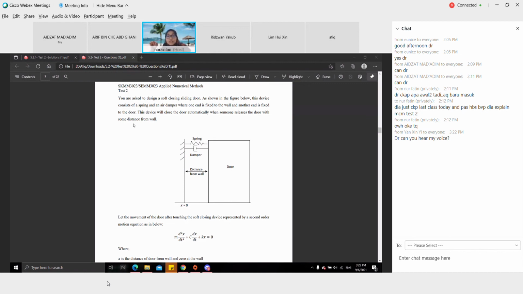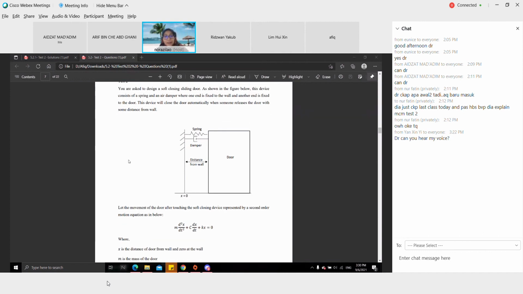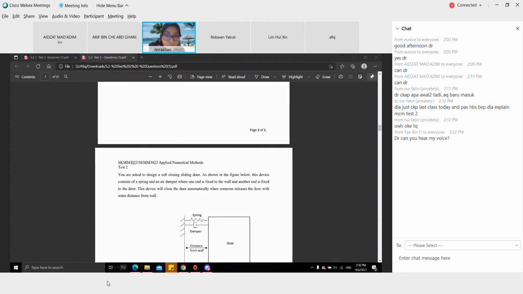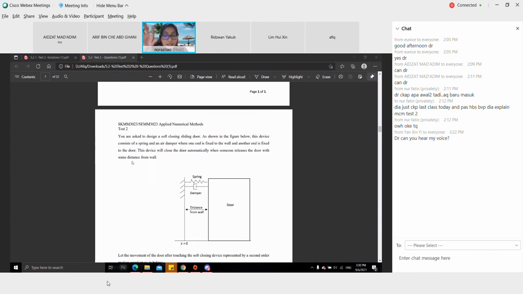Let the movement of the door after touching the soft closing device be represented by a second order motion equation as below. You can see the equation. The variable is the distance of the door from the wall, and 0 at the wall. The condition relation is given.